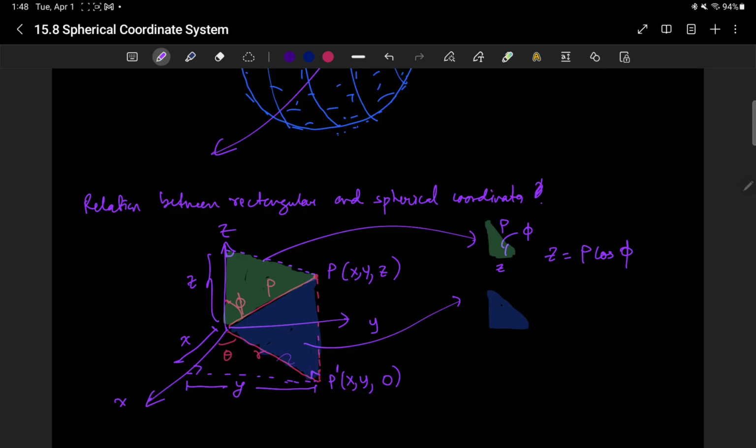And what we have here for base is r. What we have here for angle is this, which is also phi, and we have a hypotenuse which is rho. So that gives me r is rho sine phi.